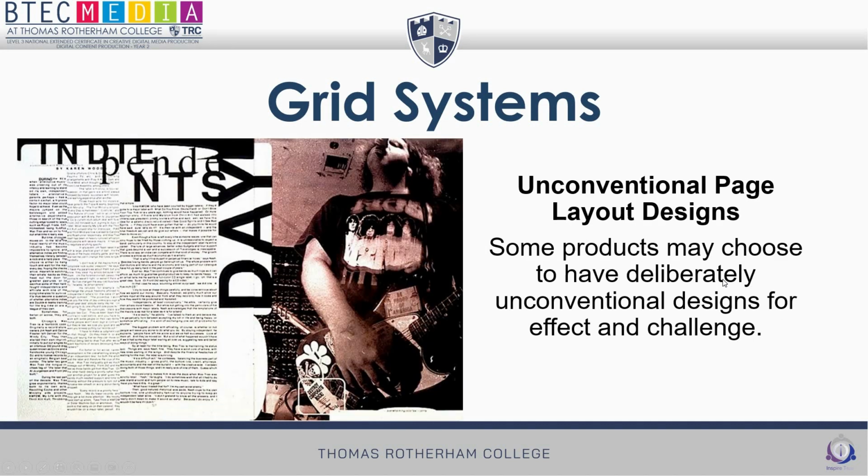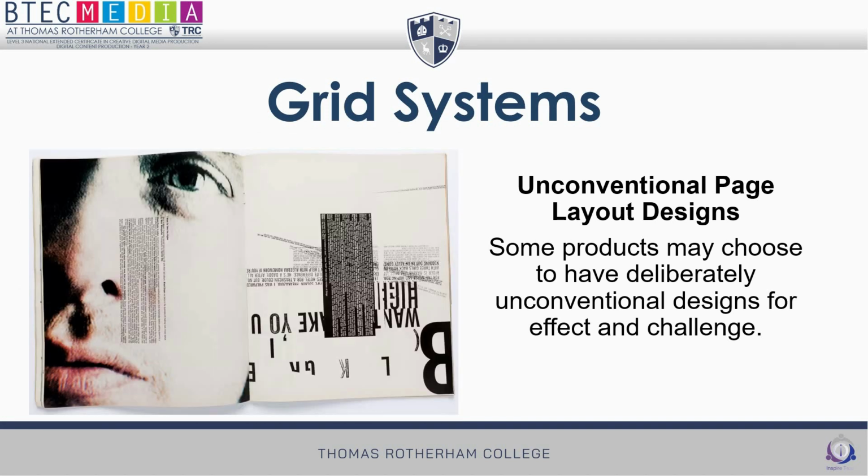There are some magazines or some products though that will deliberately choose to abandon these grid systems and go for a design that is deliberately unconventional. Now, this is usually done for very specific aesthetic reasons. Sometimes it can just be because it looks cool. Maybe this product wants to be more artistic. It wants something that's a bit more expressionistic.